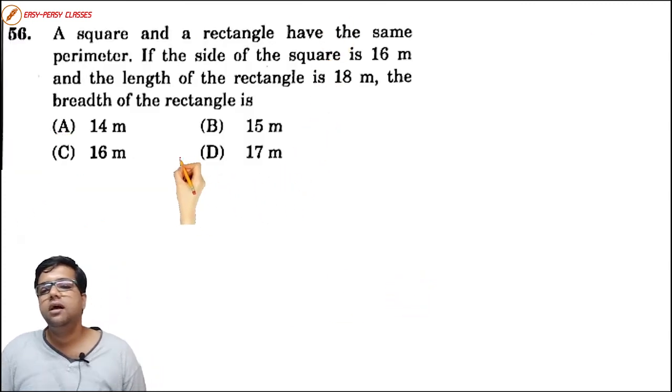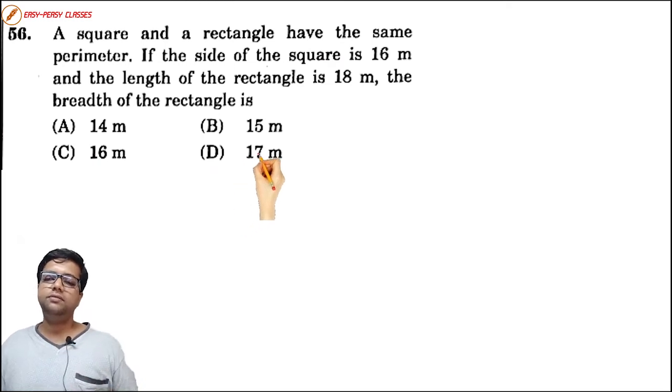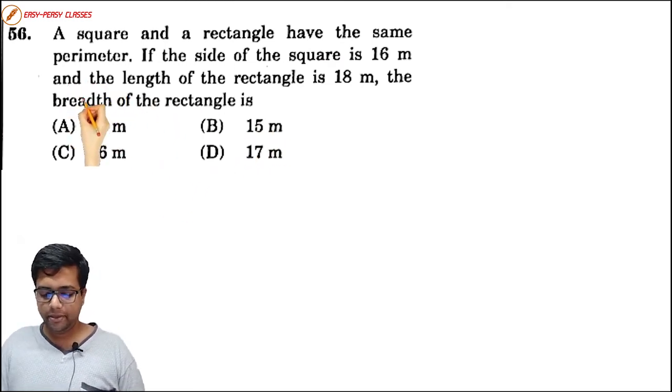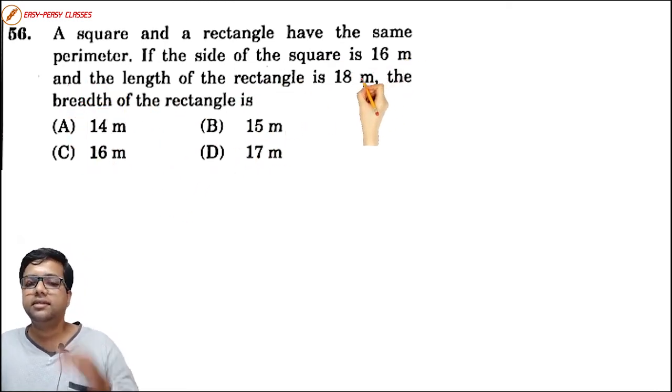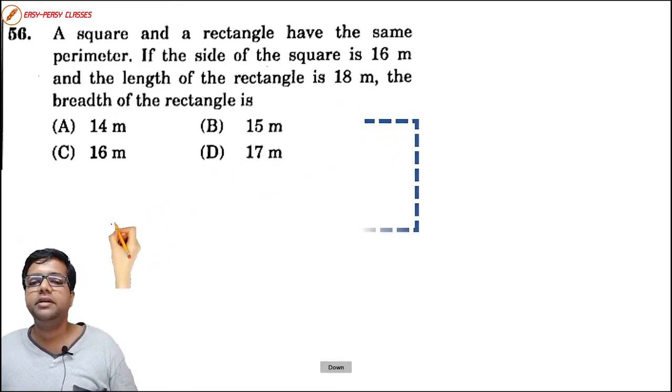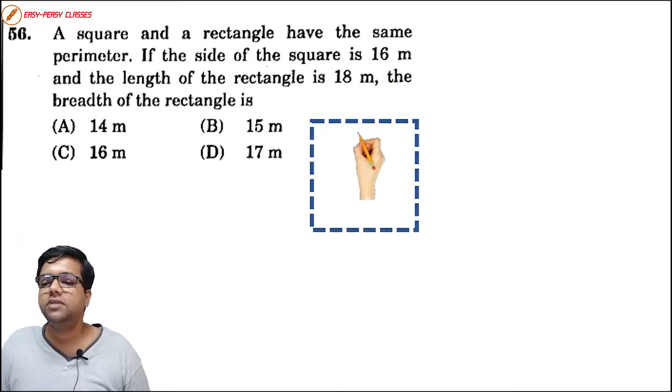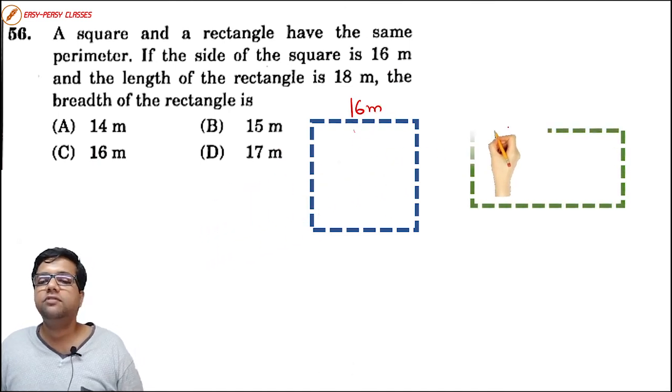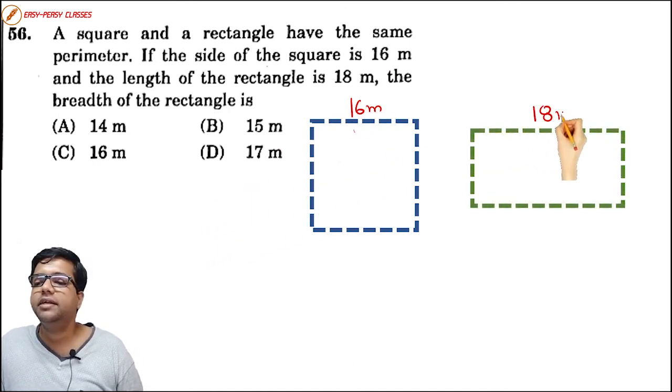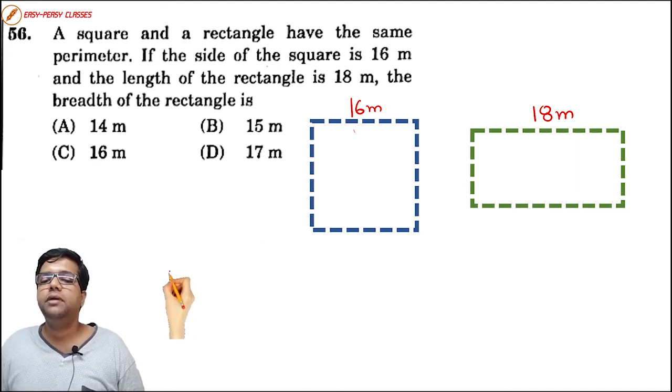Next question. A square and a rectangle have the same perimeter. If the side of the square is 16 meter and the length of the rectangle is 18 meter, what is the breadth of the rectangle?